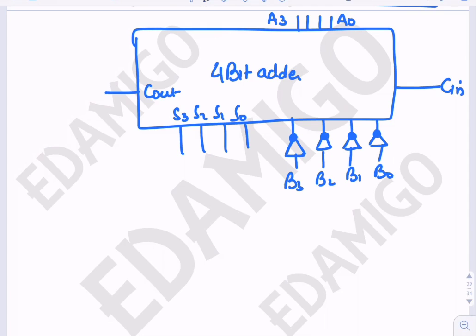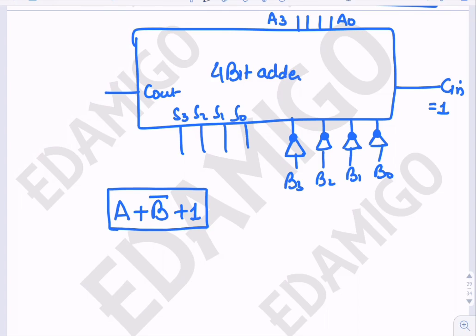and this is Cin. Now whenever we perform subtraction, we put Cin equal to 1, because in this case we are performing A plus B complement plus 1. Okay, because Cin is equal to 1.